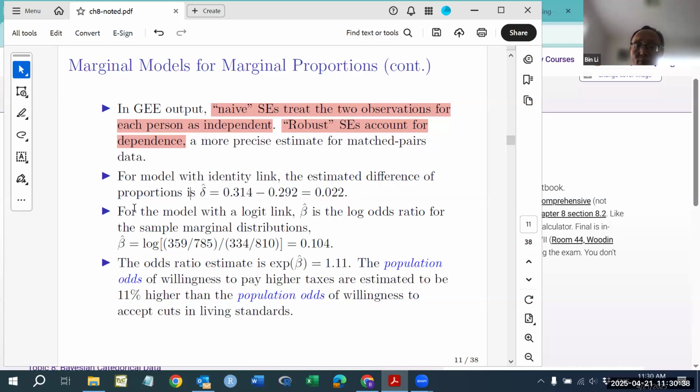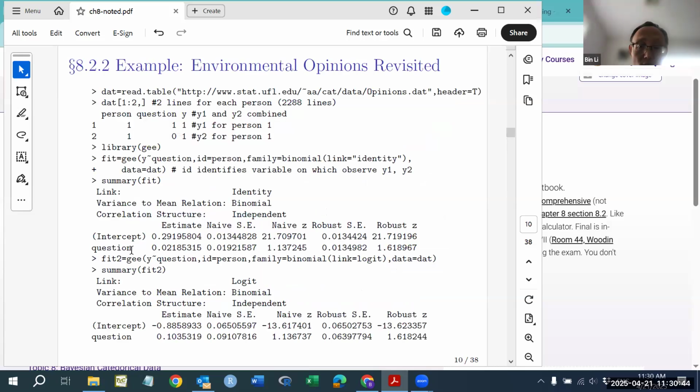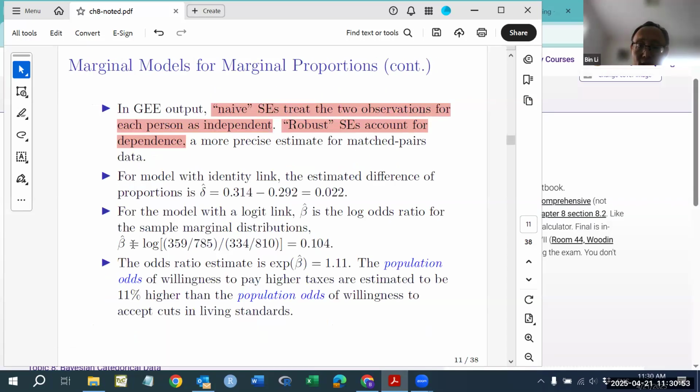Okay, and for the model with the logit link, the beta is this one, 0.1035. Okay, and if we take the exponential, that will be 1.11. Okay, so how do we interpret?